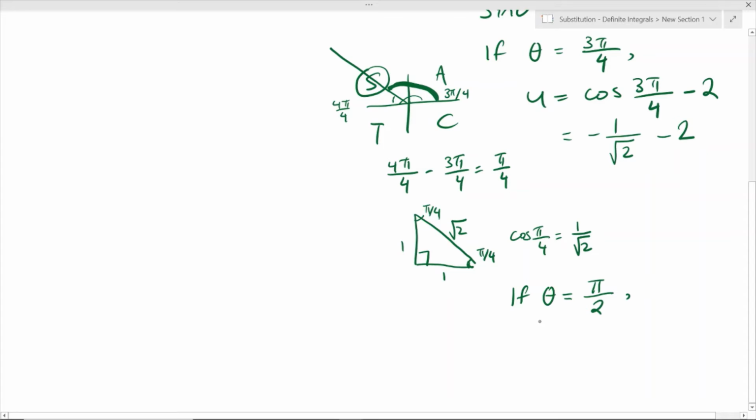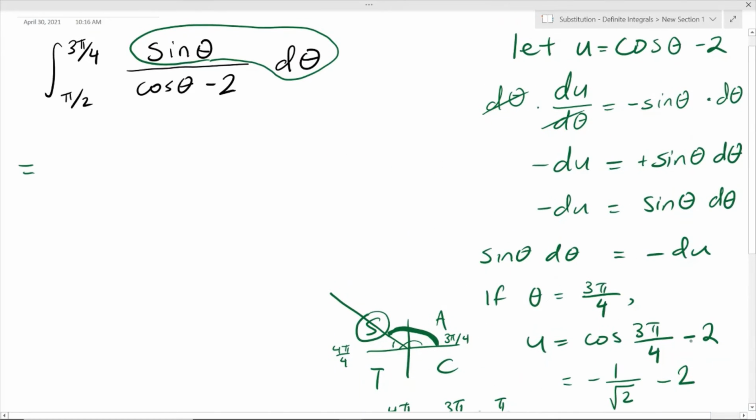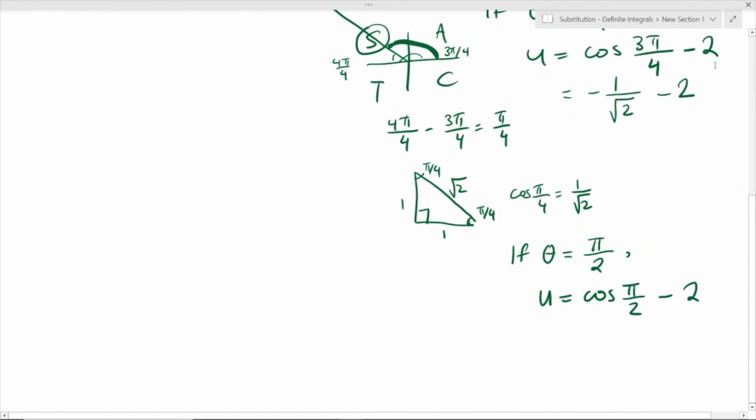So u equals cos theta, where theta here is pi over 2, minus 2. And once we do that, we're just going to simplify.